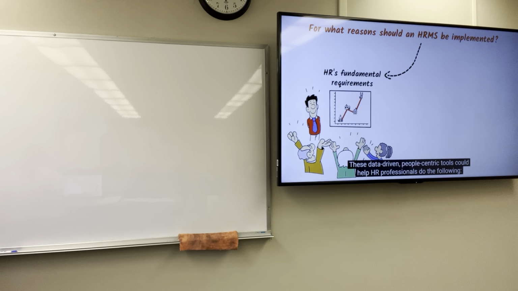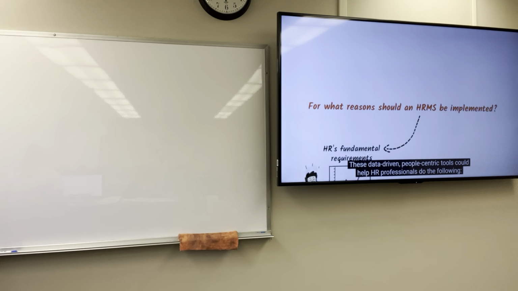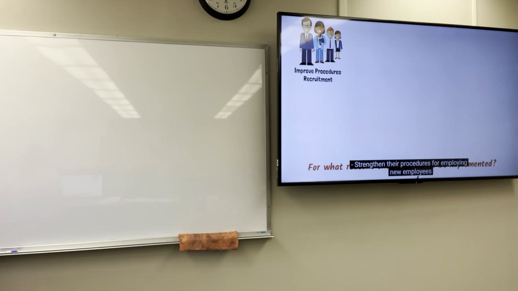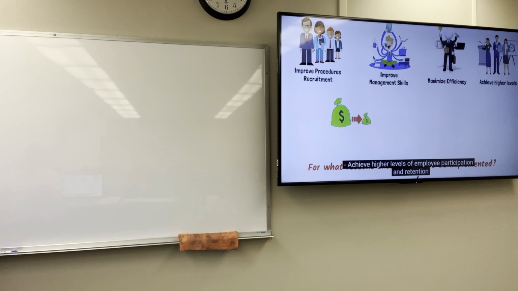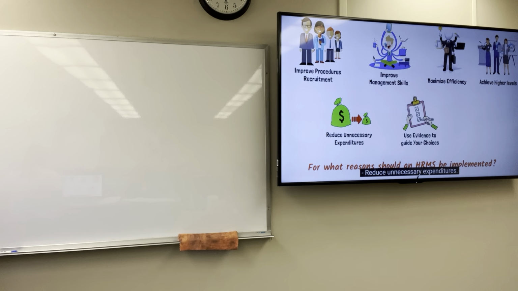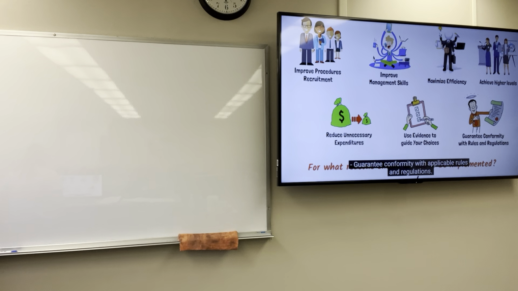These data-driven, people-centric tools could help HR professionals do the following: strengthen their procedures for employing new employees, improve your personnel management skills, maximize the efficiency of your personnel, achieve higher levels of employee participation and retention, reduce unnecessary expenditures, use evidence to guide your choices, guarantee conformity with applicable rules and regulations.